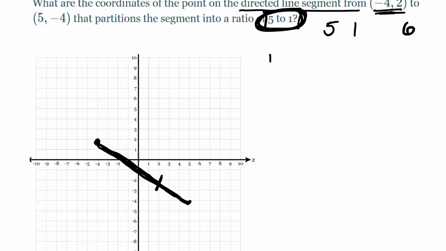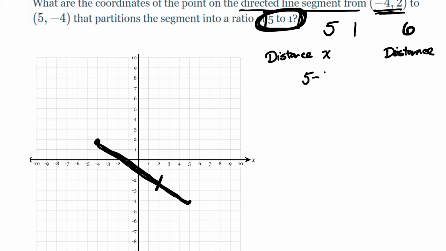We're going to find the distance between the x values, and then we will find the distance between the y values, and then we will calculate our partition. So on our x values, we went from 5 to -4.